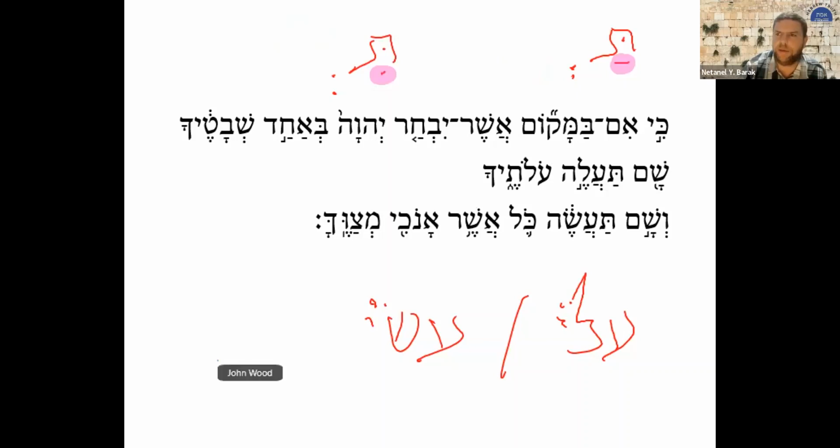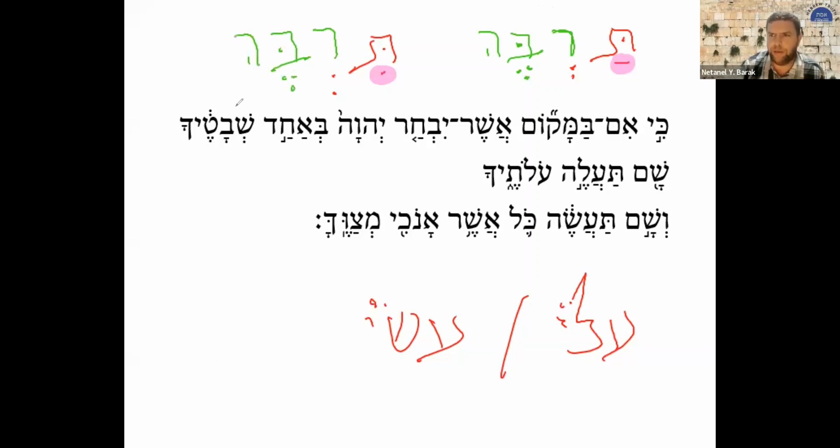I'll take the root resh bet yod. So the Hifil would be tarbe, and the Kal would be tirbe. So we lost the difference at the end, but we still see the difference at the beginning.